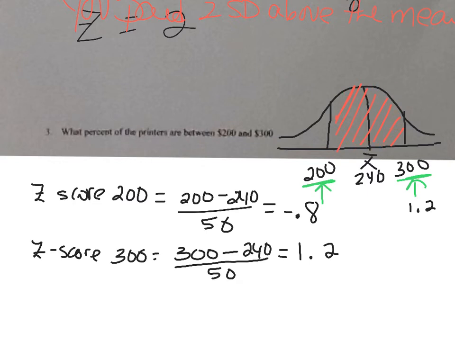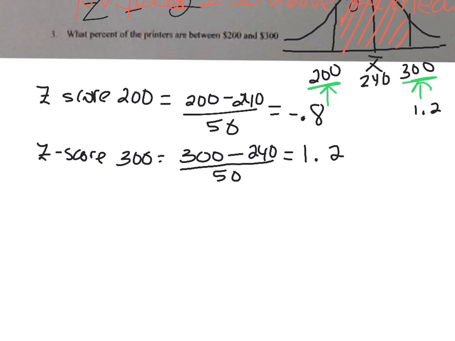Well, what we're going to use is the calculator. So if you don't have your calculator in front of you, you need to get it. So put me on pause and get your calculator so you know how to plug this in. Okay, so what I want you to find is the distribution button on your calculator. The distribution button is right above the VARS button, and the VARS button is right next to the clear button.